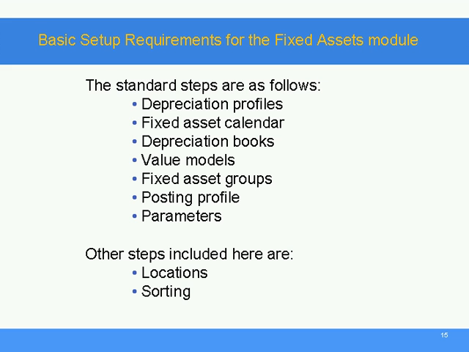Most of the basic setup steps covered in this chapter are accessed by using the general ledger setup fixed asset menu tab. The sequence of setup steps used in this section is not mandatory to follow. So now let me show the sequence which I have in my picture.